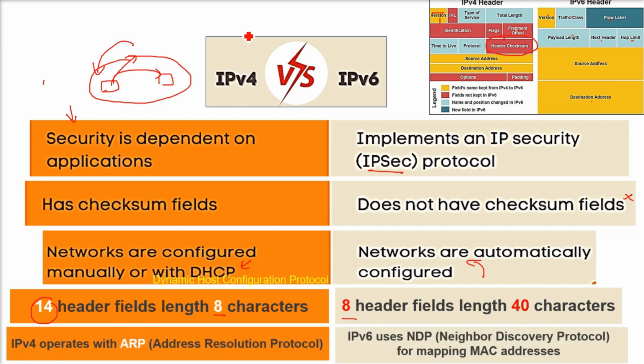IPv4 operates with Address Resolution Protocol, ARP as we call it. IPv6 does the same work using NDP, Neighbor Discovery Protocol, for mapping MAC addresses. Every system has a network card, and it has a very unique MAC address. So there is that correspondence. IPv4 uses ARP, IPv6 uses NDP.